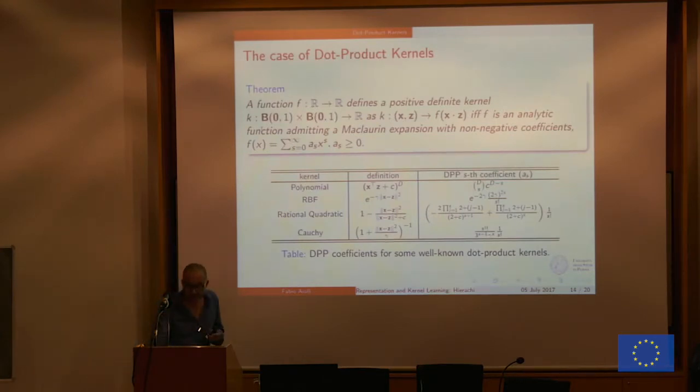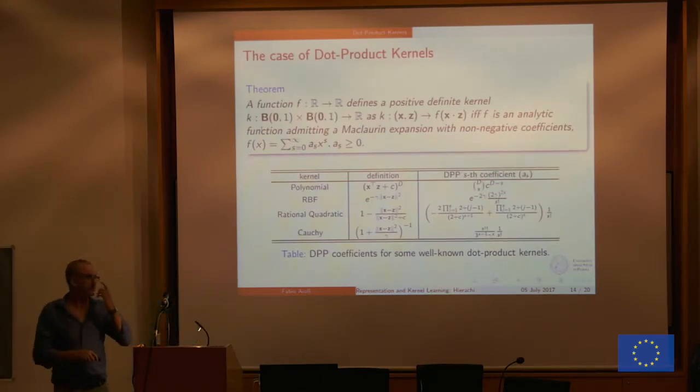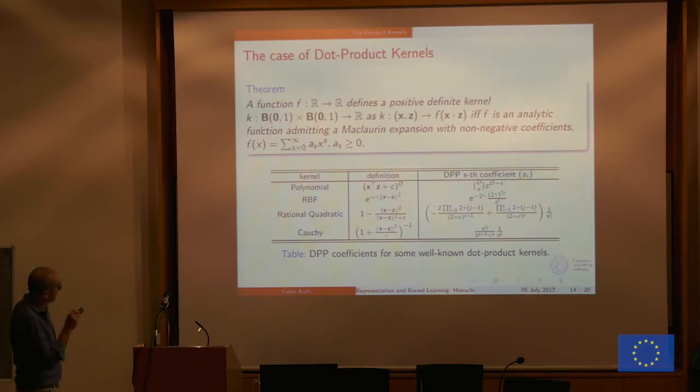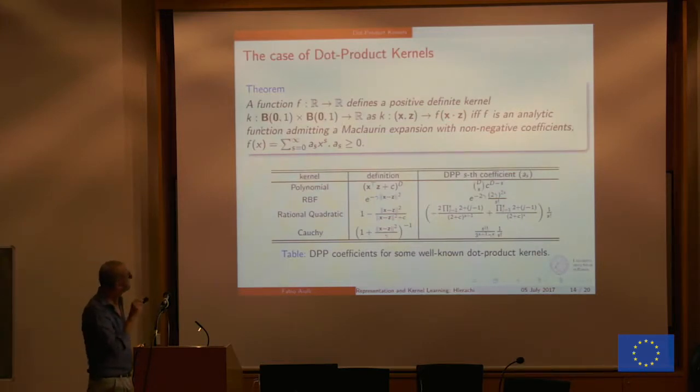And there is a very important theorem in analysis that says that all functions of this type can always be seen as a positive combination of basically homogeneous polynomial kernels like this.